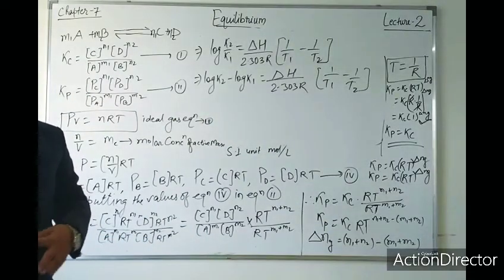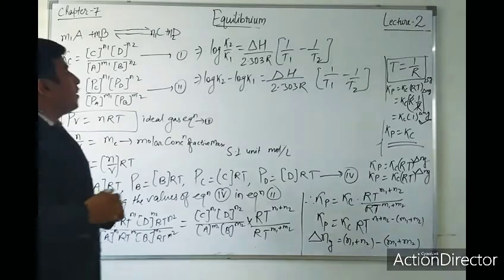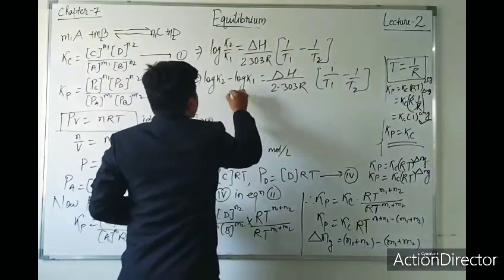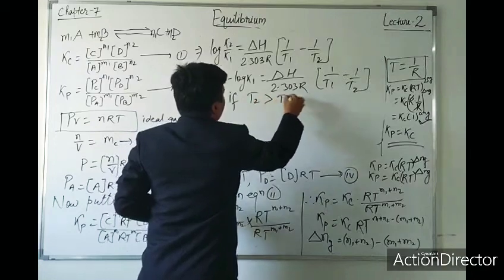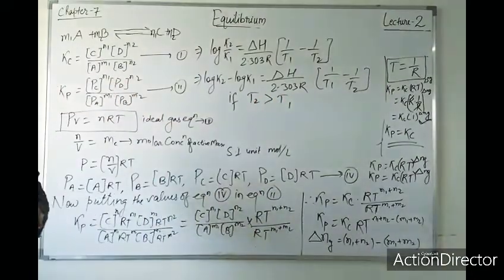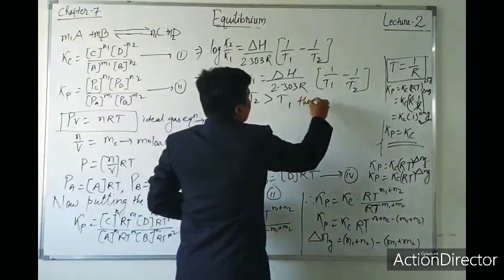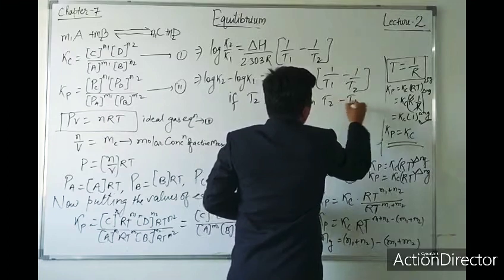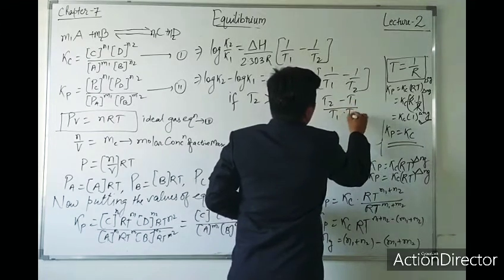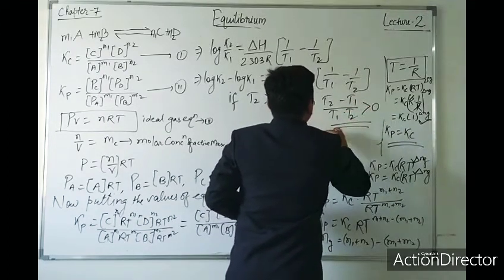Remember, if the temperature T2 is greater than T1, then T2 minus T1 upon T1 into T2 should be greater than 0.